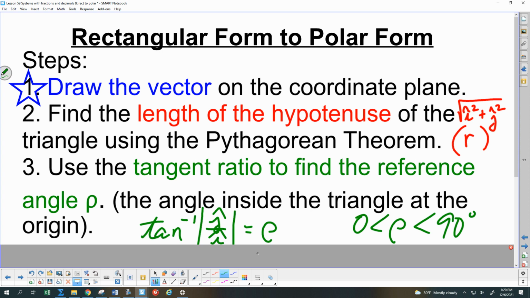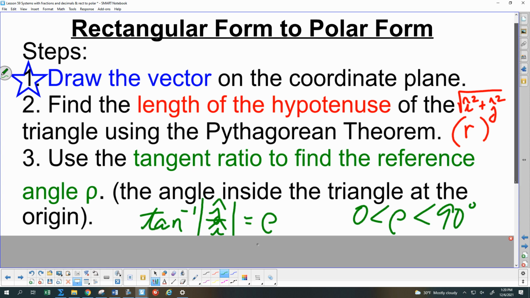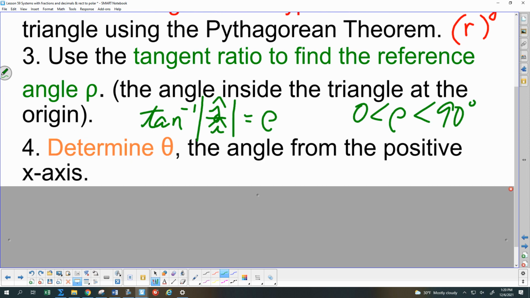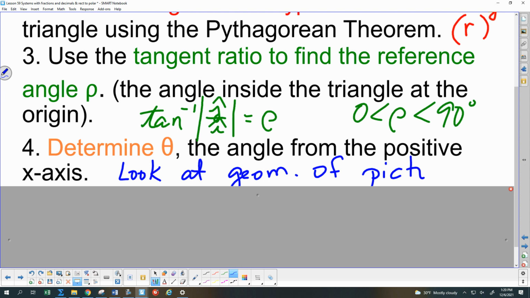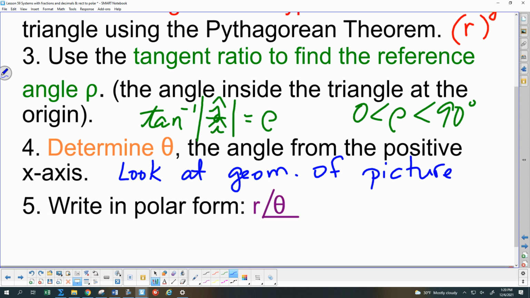Theta is the real one that's anywhere between 0 and 360. Once you have that, you figure out that real one between 0 and 360 by looking at the geometry of the picture. And finally, you just write your final answer.